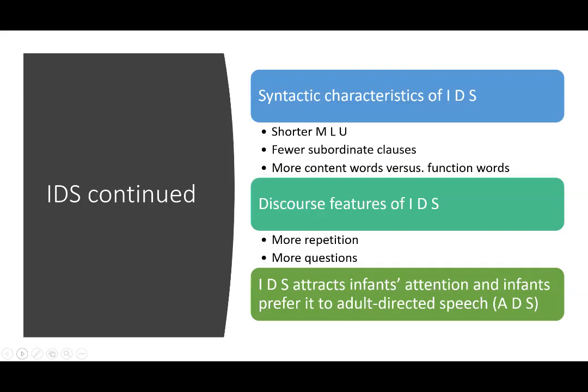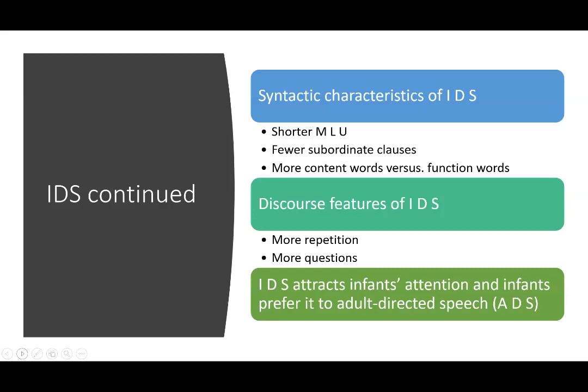So function words are the grammatical glue of our speech. The auxiliary verbs, adverbs, articles like a and the, conjunctions, things like that. Content words are the words that really convey the meaning of what you're trying to say.